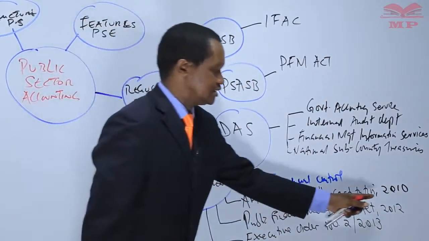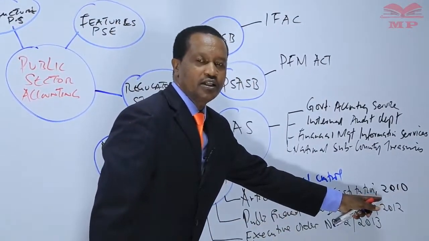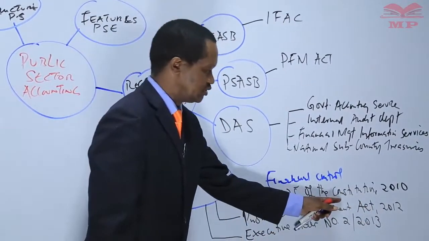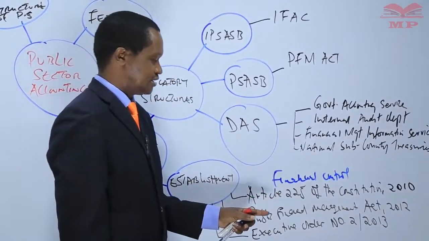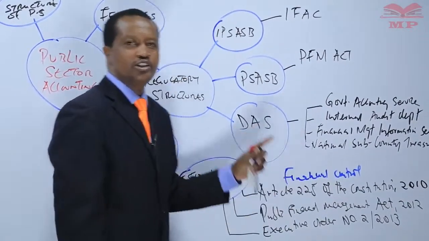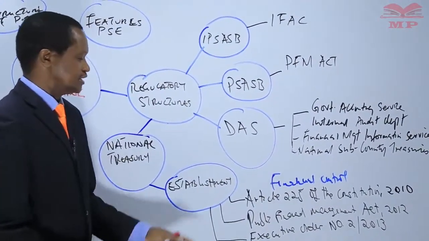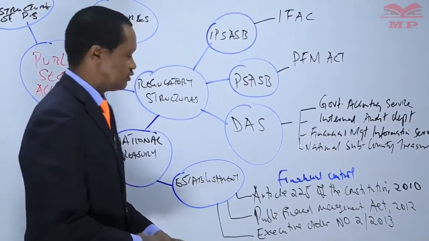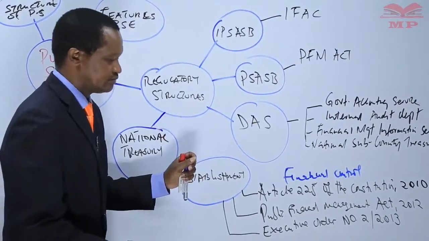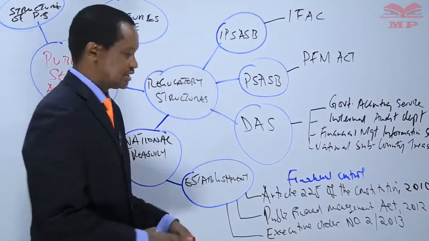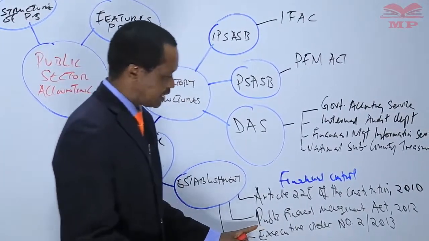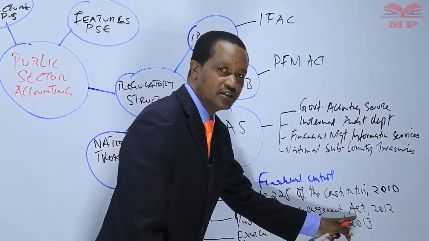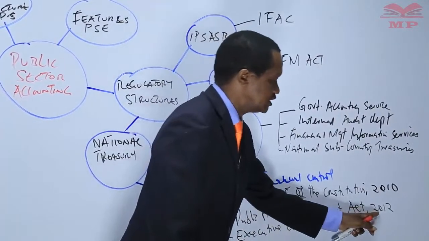In 2010, the Kenyan citizens, through the Constitution, decided that an act of Parliament shall provide for the establishment, the functions, and responsibilities of the National Treasury. And that act, candidates, is the Public Financial Management Act of the year 2012.